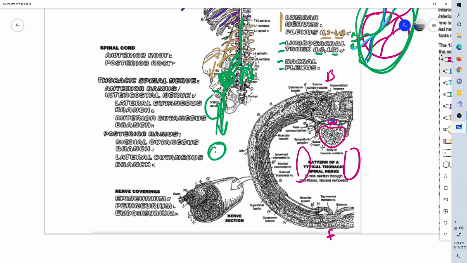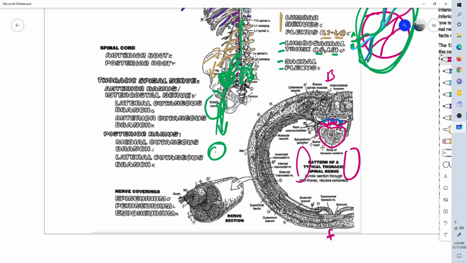And you can see the dorsal root here leaving, the neurons of the dorsal root here on either side. Of course, this big bump is the dorsal root ganglion, right? And then leaving the front, the anterior horn is the anterior root or ventral root, right?